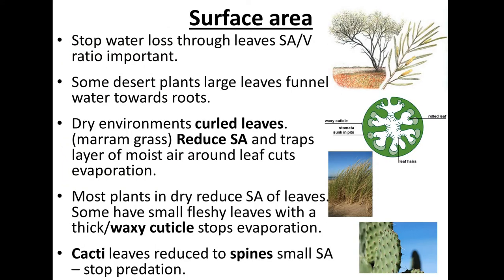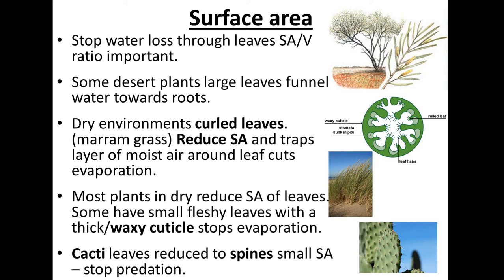As I said before, you lose a lot of water through the leaves, so reducing their surface area to volume ratio can reduce the amount of water loss. Some desert plants have large leaves which funnel the water towards the root, so that any water that does evaporate will just trickle down back into the soil, which they can then take up again through their roots.